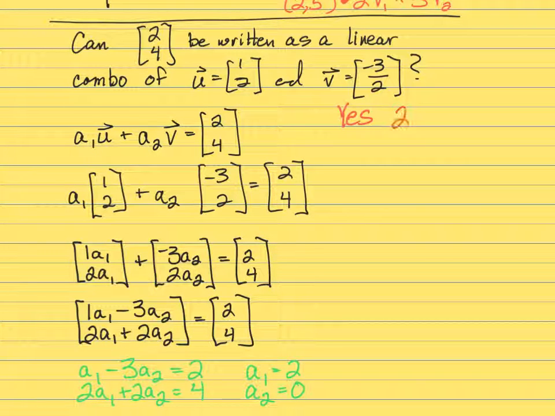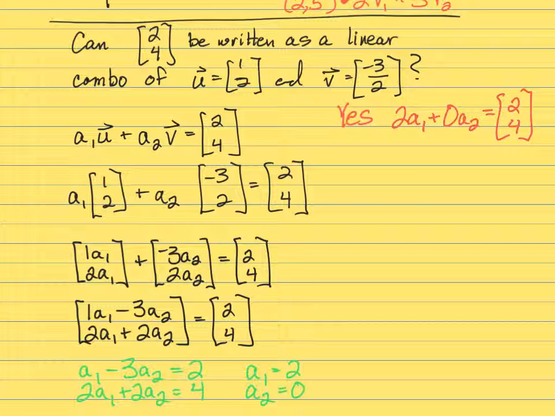The answer would be 2 a sub 1's plus 0 a sub 2's. That does equal 2, 4. So we've built 2, 4 out of a sub 1 and a sub 2, or we've written 2, 4 as a linear combination of those two vectors.